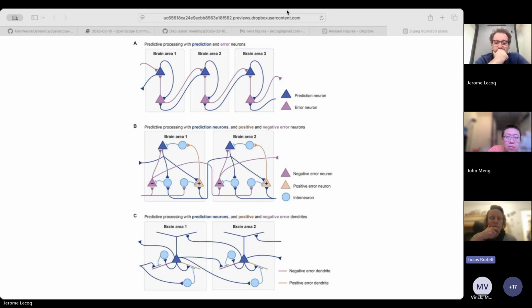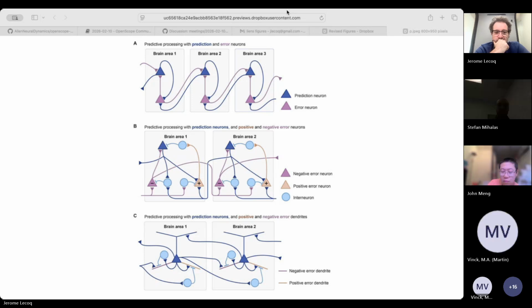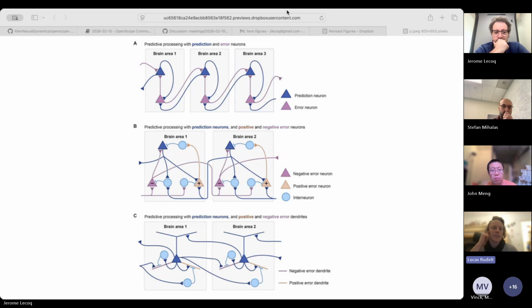To understand what type of error neuron it is, that requires the local circuit, and once that's defined, you also know how it should connect across areas. So that's why I have a bit of trouble figuring out how one would do this with the boxes. But maybe if you, Stefan, could make a sketch, then it might be easier for me to understand how this could work.